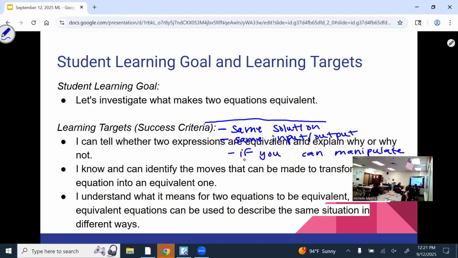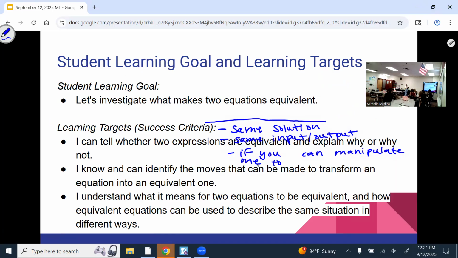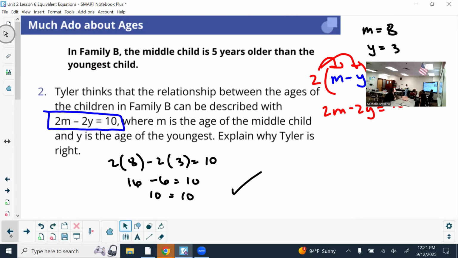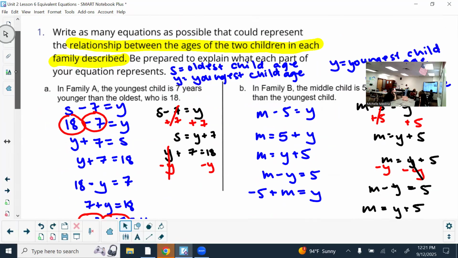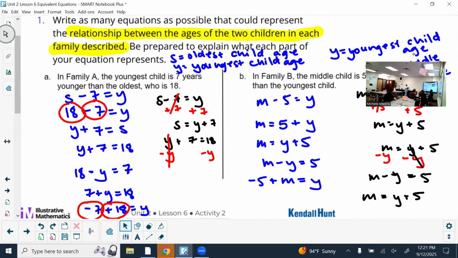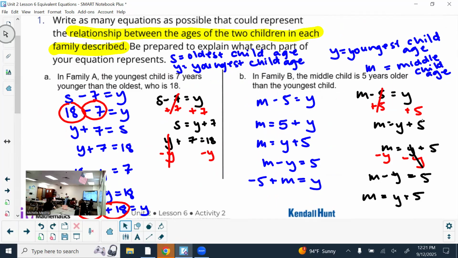I will say. But here's your little list of all the different ways you can tell if they're equivalent. If you can manipulate one to get the other, then they are equivalent. And that could be, like for this example, that could be adding something on both sides to now get a different variable isolated.